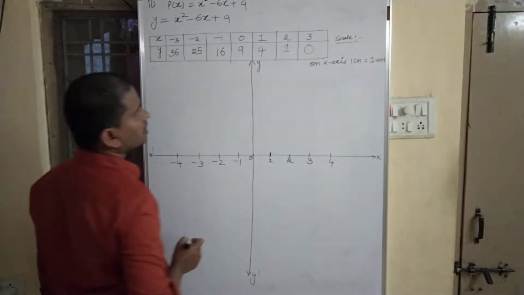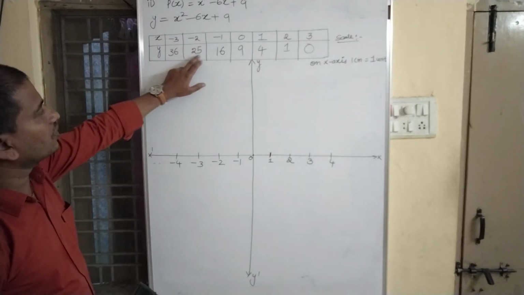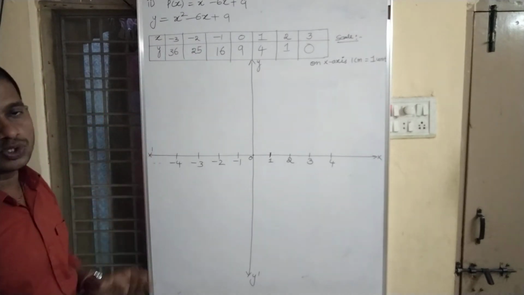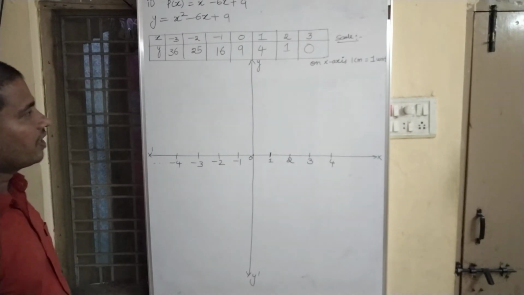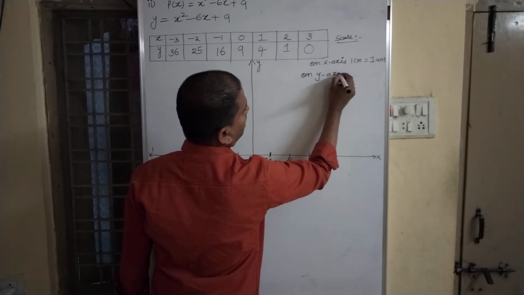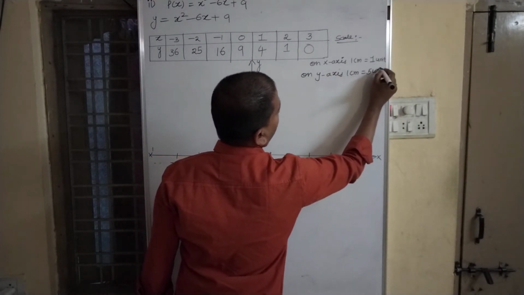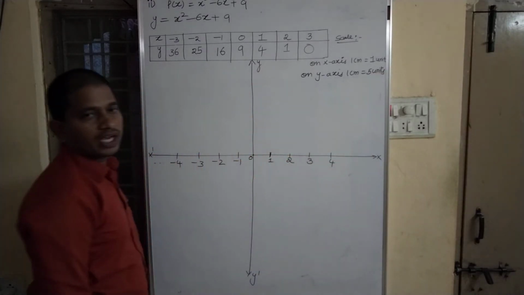On the y-axis, because we have the values 36, 25, 16, 9, and so on, let us take 1 centimeter equal to 5 units.